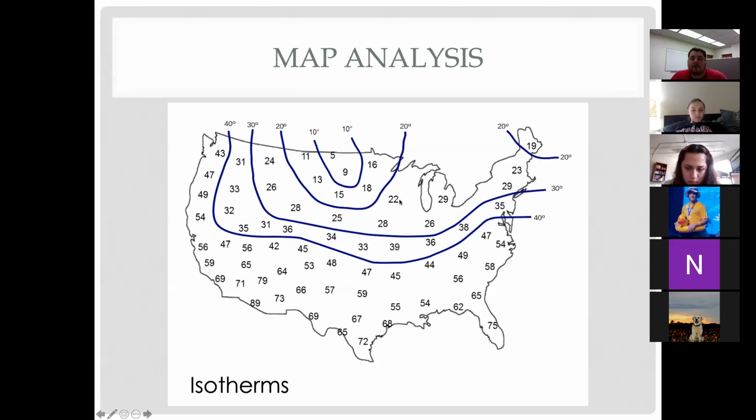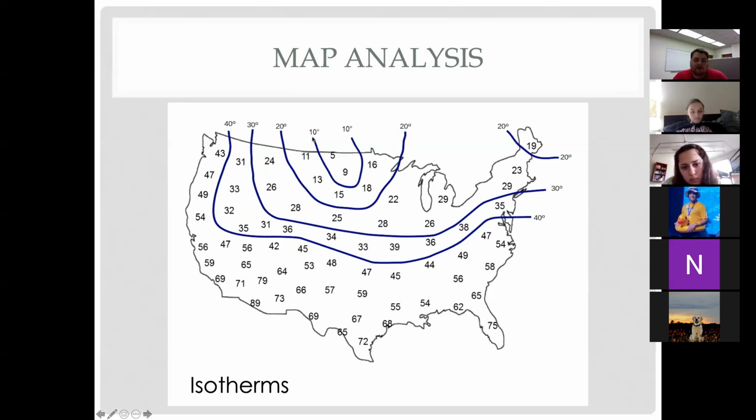For example, right over here in Illinois, or wherever this is, I think this is Iowa, this is 22 degrees, and the isotherm right here is 20 degrees. But if the temperature right here was 20 degrees, then the isotherm would extend down here, include that, and then loop back over there.